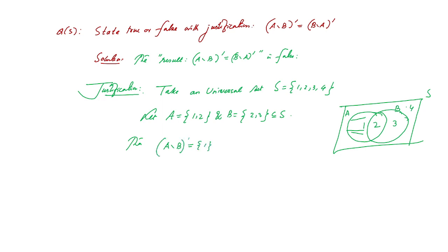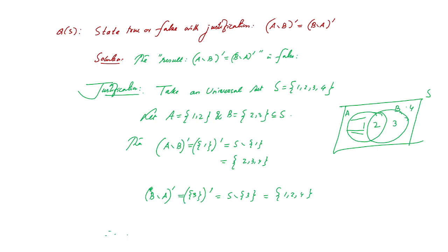Now we are taking the complement on both sides. The complement of {1} will be S minus the singleton set {1}, so that means it will be {2, 3, 4}. Whereas B minus A will be {3} only. If you take the complement, it will be S minus the singleton set {3}, and that will be {1, 2, 4}.